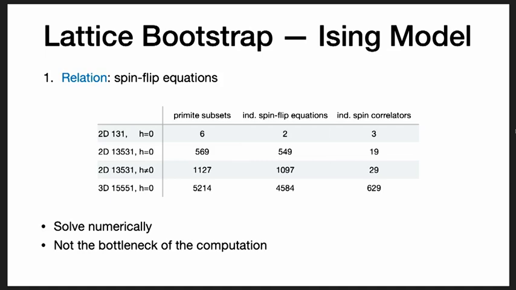But the first step is just to realize that there's a lot of redundancy in the description, and we're trying to harness that redundancy. And you see, it's kind of extreme: a comparatively small number of independent correlators. Of course, we do this numerically because there are many variables, but if you do it in a smart way, it's not really a problem, at least up to the size of problems that we've considered. Okay, so that's the first step.